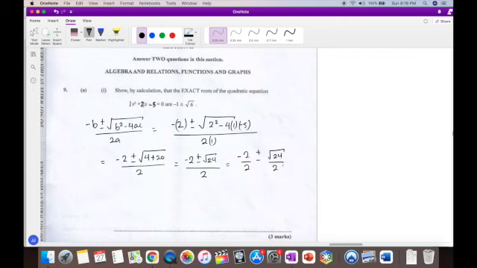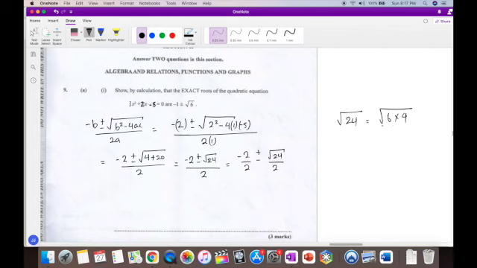So if we take a look at the rules for square roots, right, we could actually see that the square root of 24 is the square root of 6 multiplied by 4. And we could actually split this up because this is 6 to the half times 4 to the half, right?